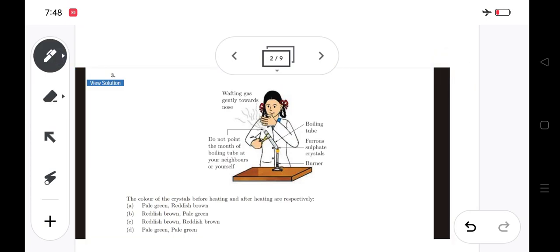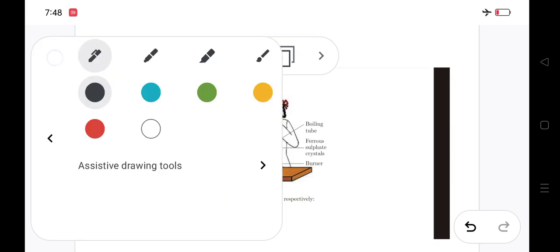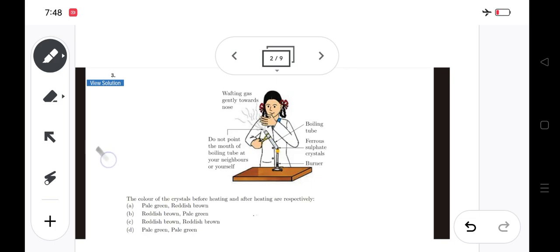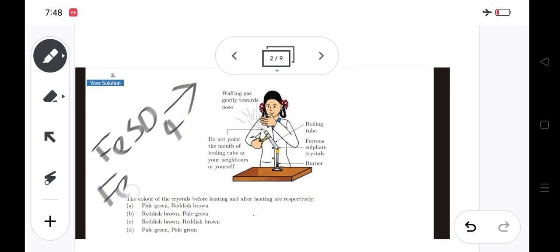Ferrous sulfate crystal on heating becomes three products. They are ferric oxide, Fe2O3, plus SO2, sulfur dioxide, and SO3, sulfur trioxide.